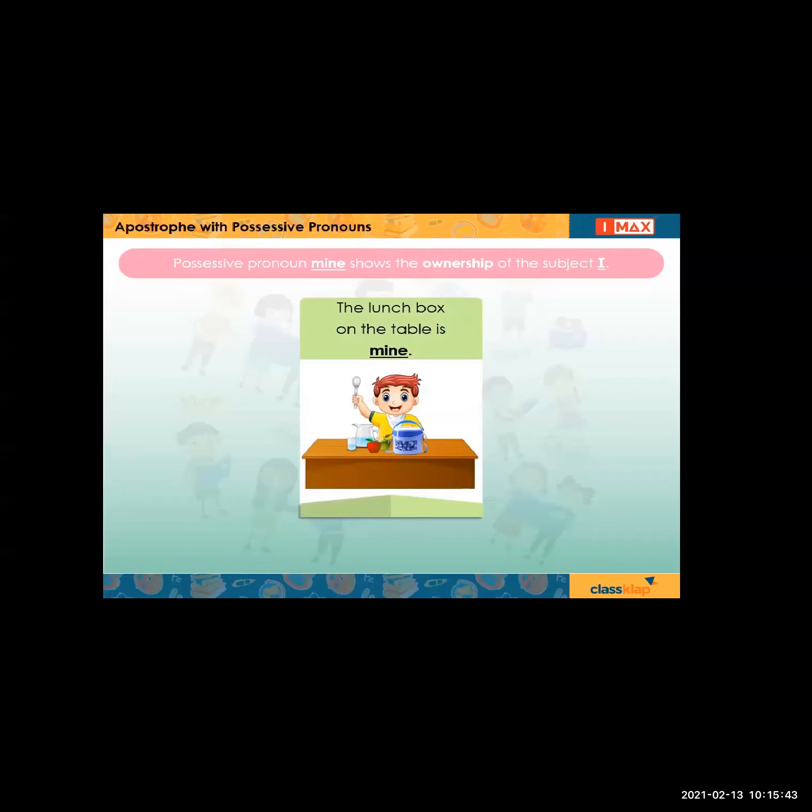The possessive pronoun mine shows the ownership of the subject I. For example, the lunchbox on the table is mine, which means I am the owner of the lunchbox on the table.